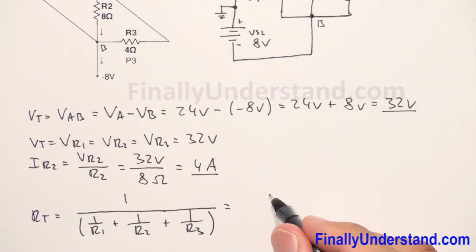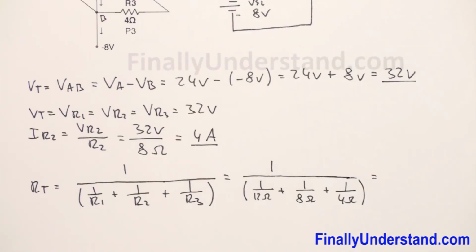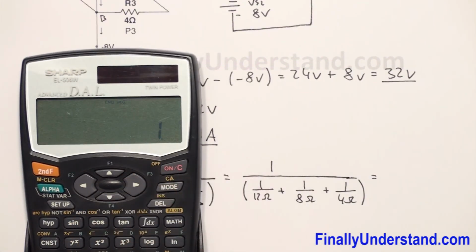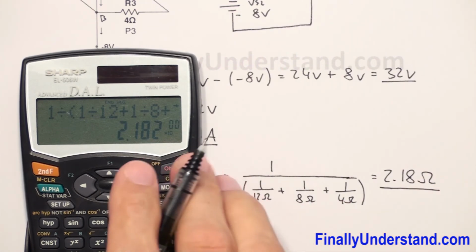This is equal to 1 divided by, open parenthesis, 1 divided by R1, which is 12 ohms, plus 1 divided by 8 ohms, plus 1 divided by 4 ohms, close parenthesis, which equals 2.18 ohms. So this is the total resistance of my circuit.